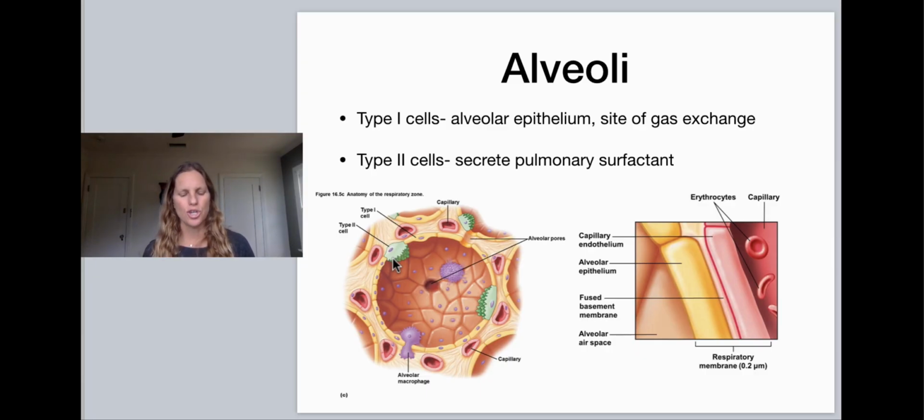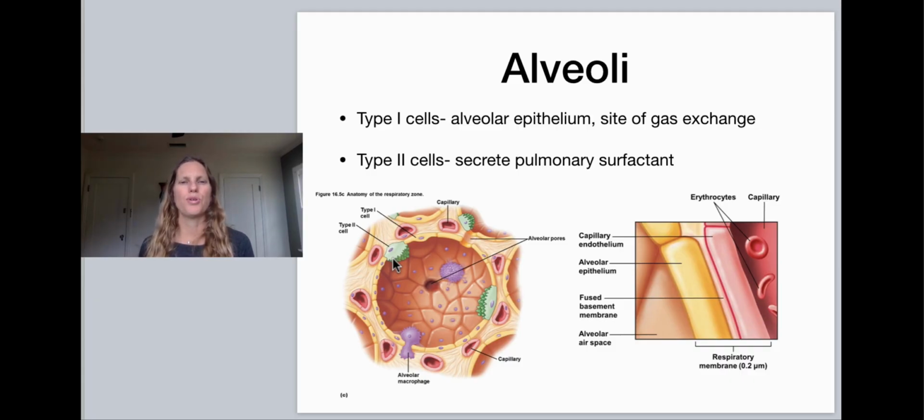It makes it so that when you breathe in, the lungs don't overinflate and potentially pop, and when you exhale, they don't totally collapse. So the surfactant decreases the surface tension, allowing the individual alveoli not to overinflate and also not to collapse. It's a really important player.